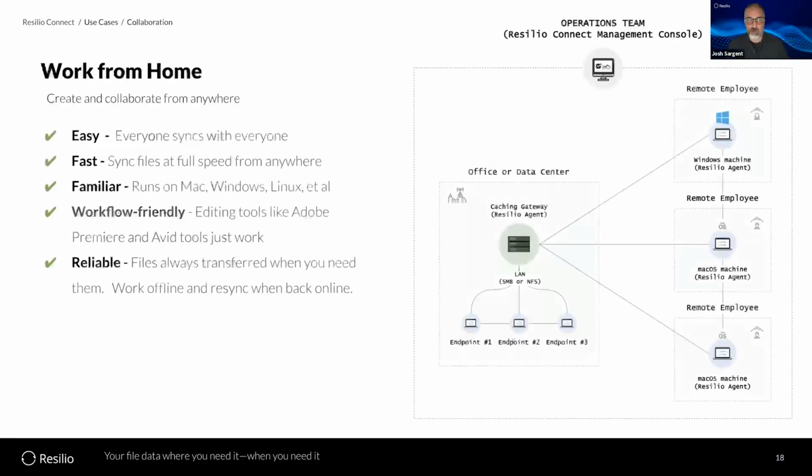And so the first one, collaboration, we've already talked about working from home. It's very simple, right? You're installing Resilio agents on end user laptops or desktops and allowing them to sync with some central server, and sync on demand, not just with that central server, but also with each other. Because again, we've got that peer-to-peer architecture so that we can sync data really quickly.